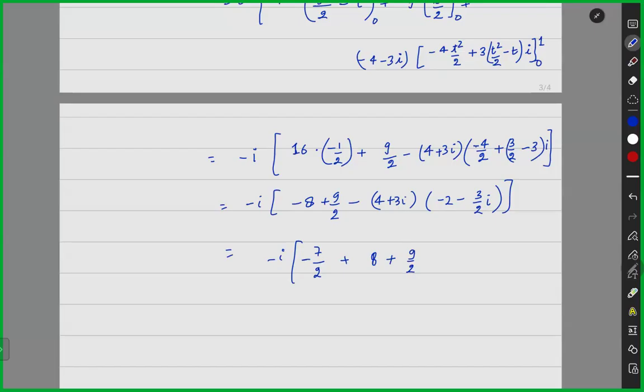With i and i multiplied together, minus 9. Now 4 into 3 by 2 becomes 6 plus 6i, and 3 into 2 becomes 6i again.